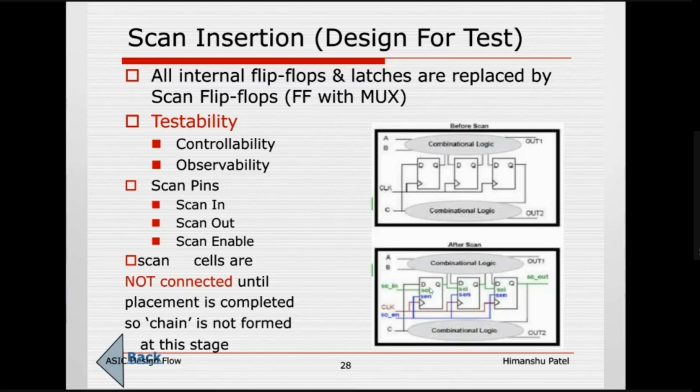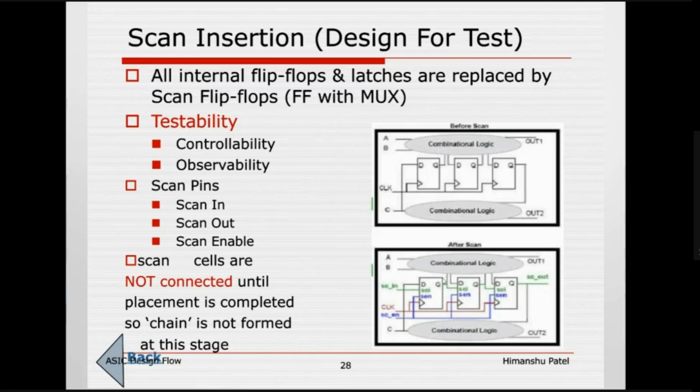Gaining controllability, and at the same time, observability. Controllability is to gain access to place a value at each input node of any logic. At the same time, observability is that you're able to capture that value out of the combinational logic for which you have given the input.